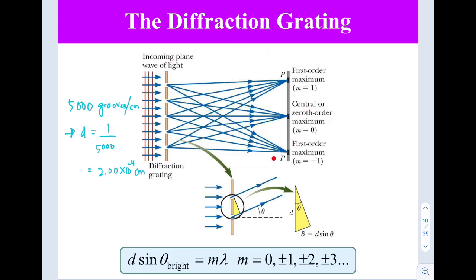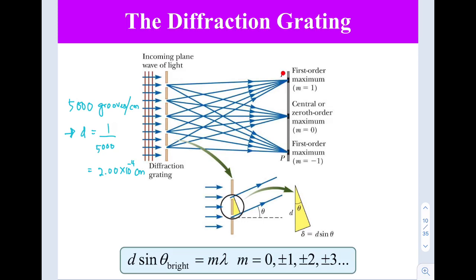So in this figure, a section of a diffraction grating is illustrated, where we have a plane wave as the incoming wave incident upon the diffraction grating from the left, normal to the plane of the grating.